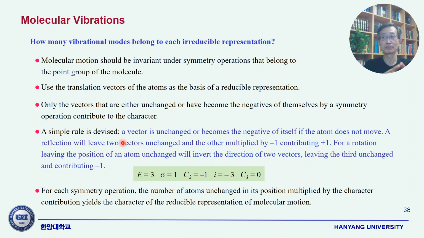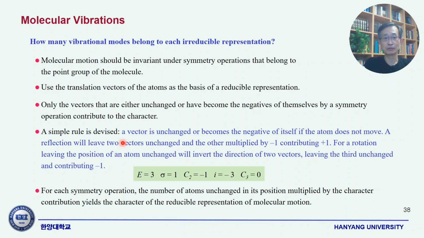It doesn't change, that's symmetric. And if it flips the sign, then it makes a negative contribution. So for example, for a C2 rotation about the z-axis, the z coordinate doesn't change, but x and y coordinates flip the sign. So minus, minus, plus, so totally -1. So -1 is the contribution for that operation for an atom that does not move for the operation.